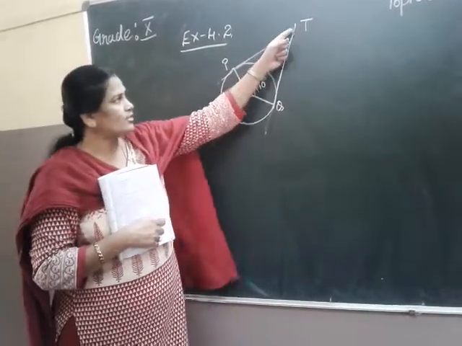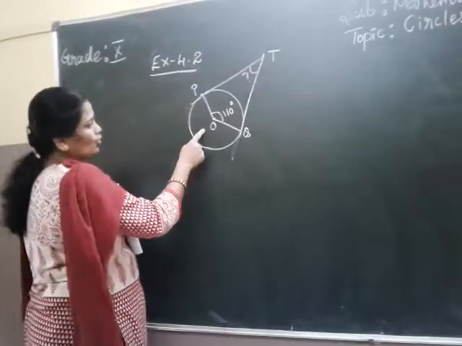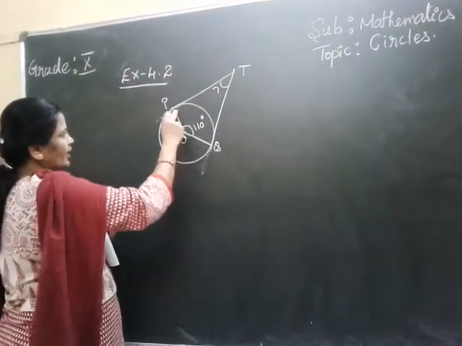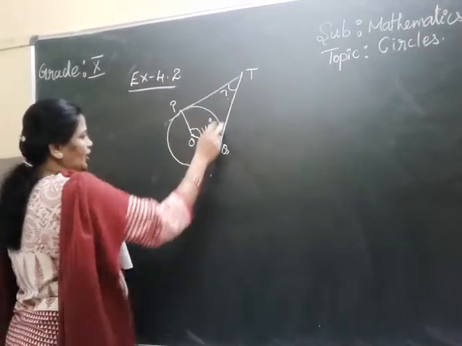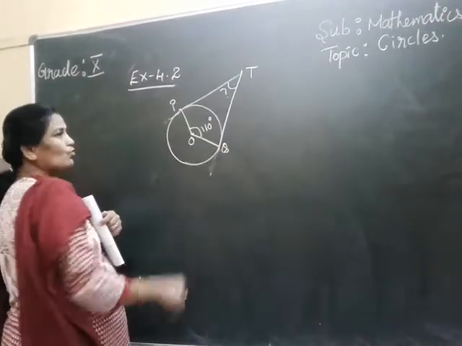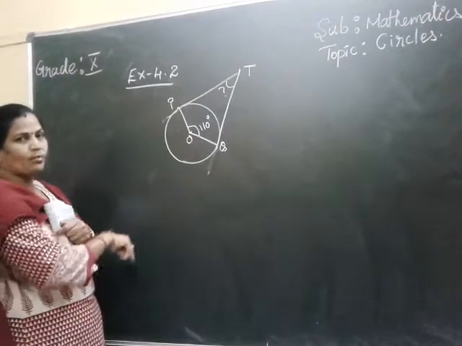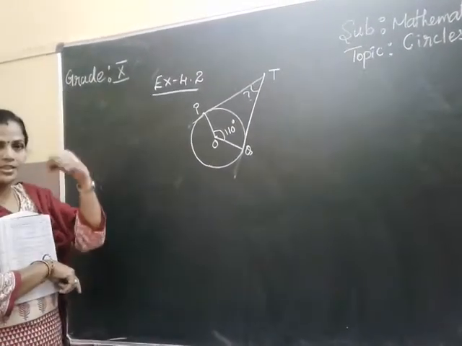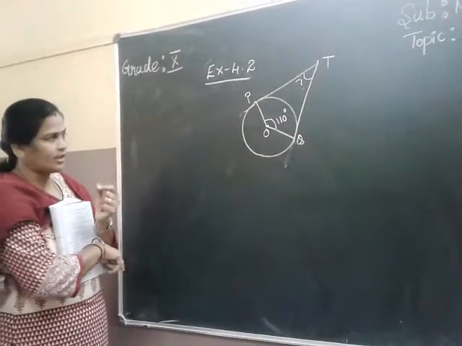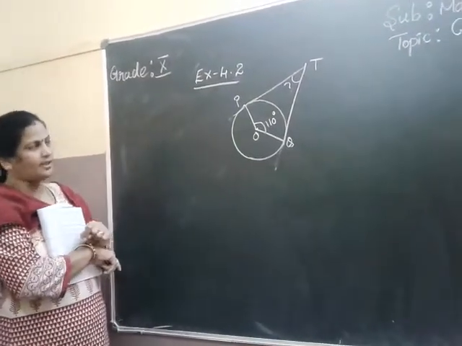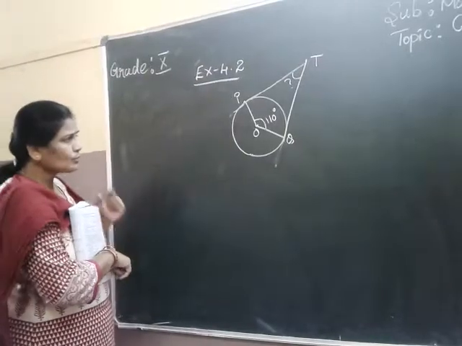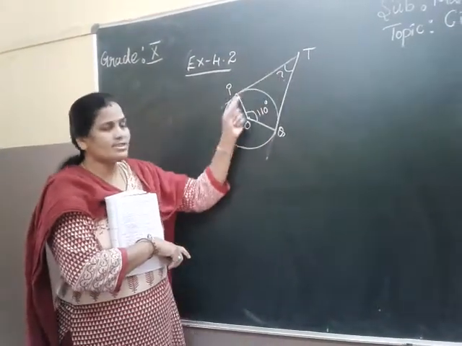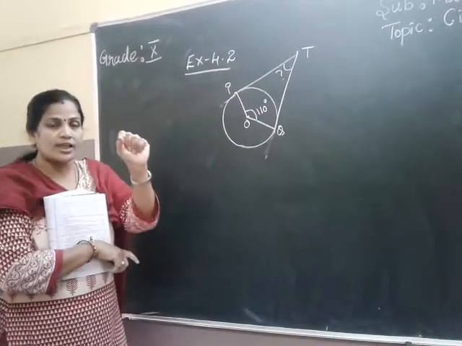Now you see that POQT is the quadrilateral, in which the sides PT and TQ touch the circumference of the circle. So this quadrilateral is called a cyclic quadrilateral. It was already learned in the 9th standard. Then one more point: for any quadrilateral, the sum of the angles will be equal to 360 degrees.